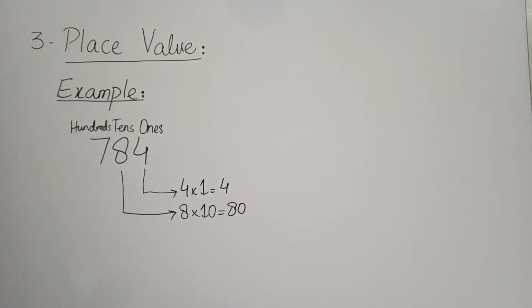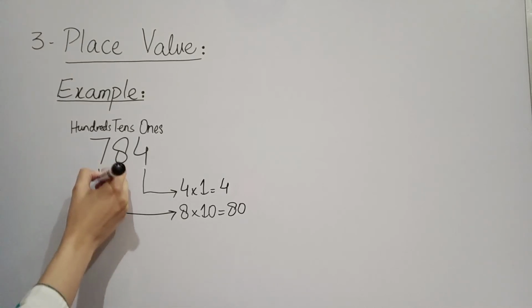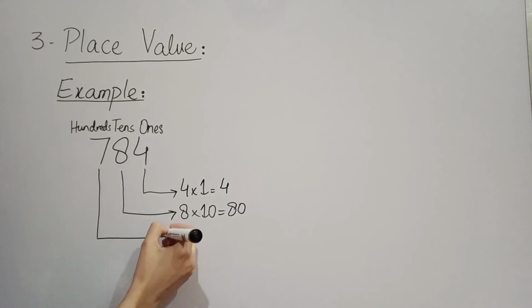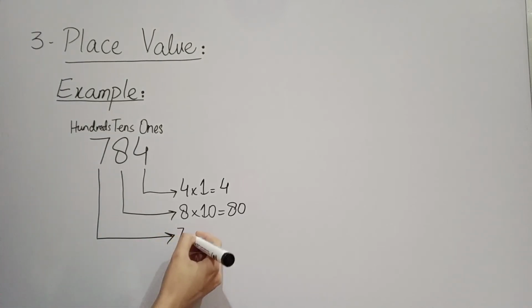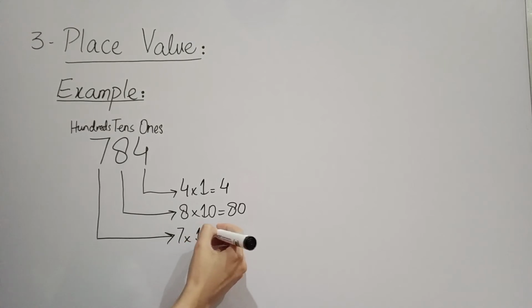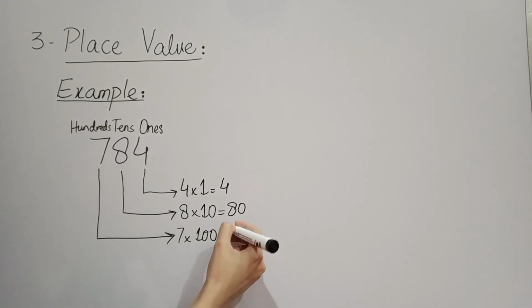So it is representing the tens value. Now the very last one, number 7, representing hundreds. So 7 will be multiplied with 100 and will become 700. Very well done.